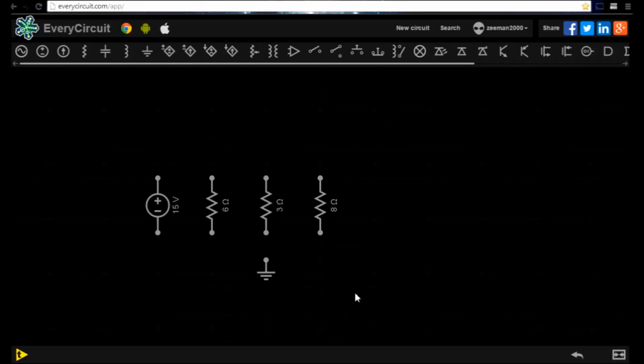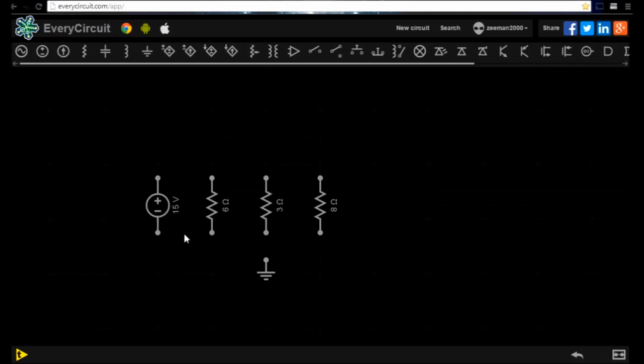Let's now create a simple resistor parallel circuit in the simulator and look at how it affects the voltage and current. We will use 3 resistors and a power supply which we will set to 15 volts.